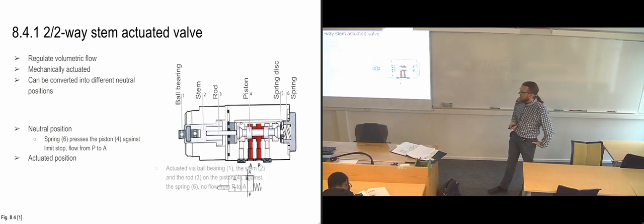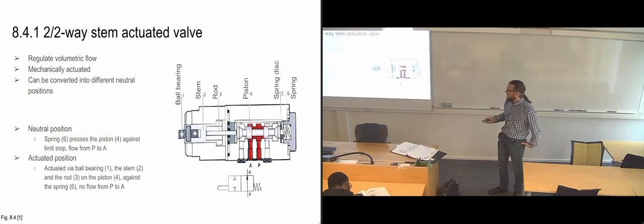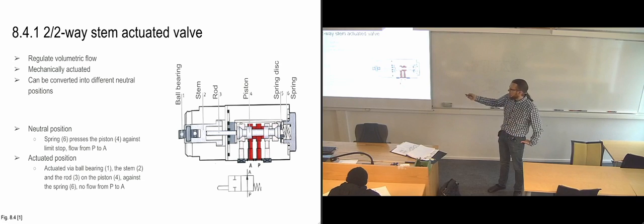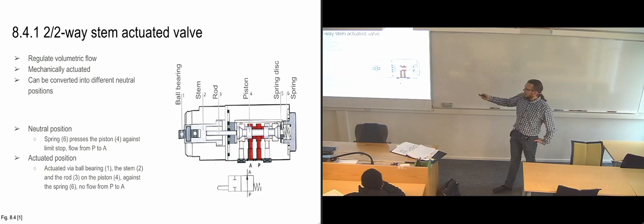And then if we actuate it, the ball bearing is going to start to rotate against whatever it is that's actuating it, and it's going to start being pressed inwards. So the stem is being pressed against the piston rod, and the pistons are being moved. The spring is being compressed. And in the end, this part of the piston is going to shut off the flow there. So then it stops completely.